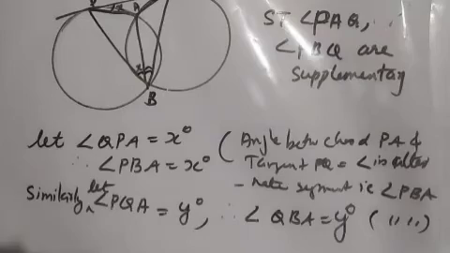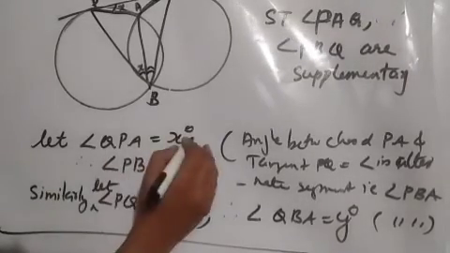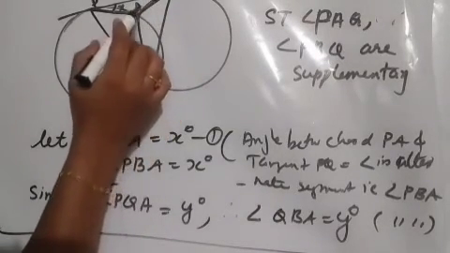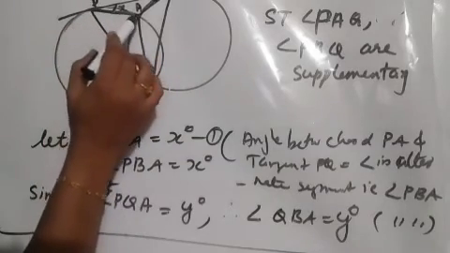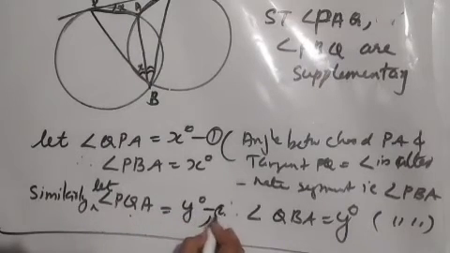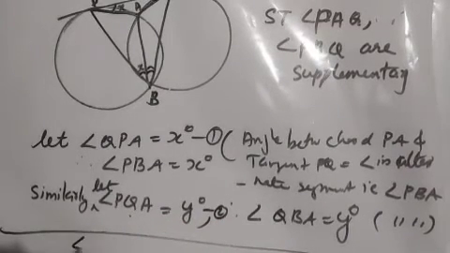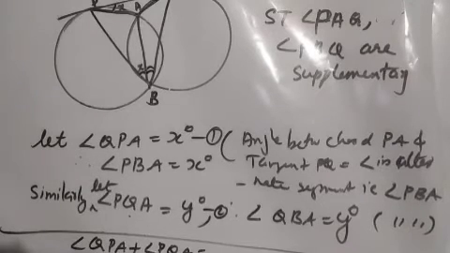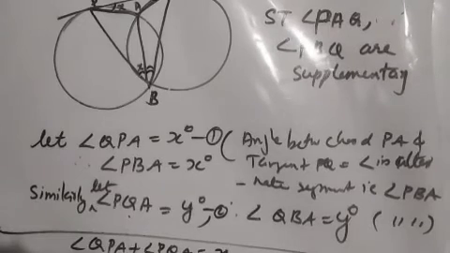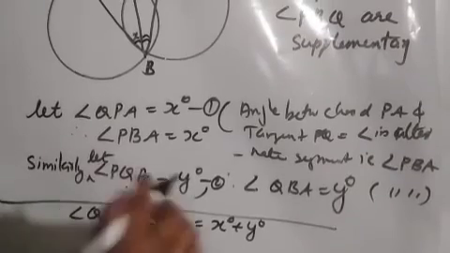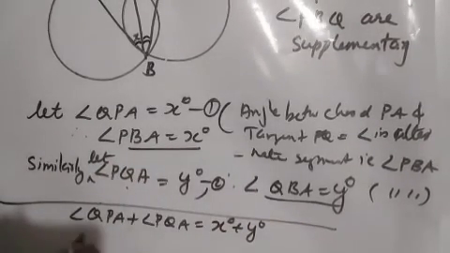Understood? Now let us add these two. That is the first one, QPA and PQA. These two. Angle QPA plus angle PQA is equal to x plus y. Similarly, what about these two, PBA and QBA?